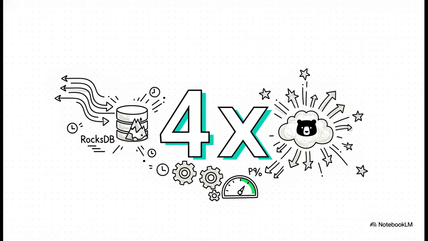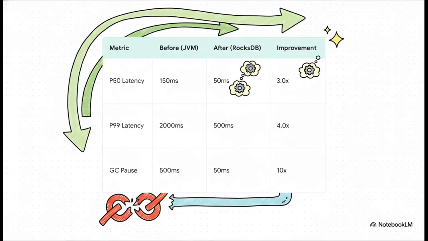That's a huge deal. But what's really cool about this slide is it tells you why the latency got so much better. Just look at that bottom row. Average garbage collection pauses dropped by a factor of 10. 10 times. By moving the state off heap, they basically eliminated the root cause of the problem, letting the job just run smoothly and predictably.